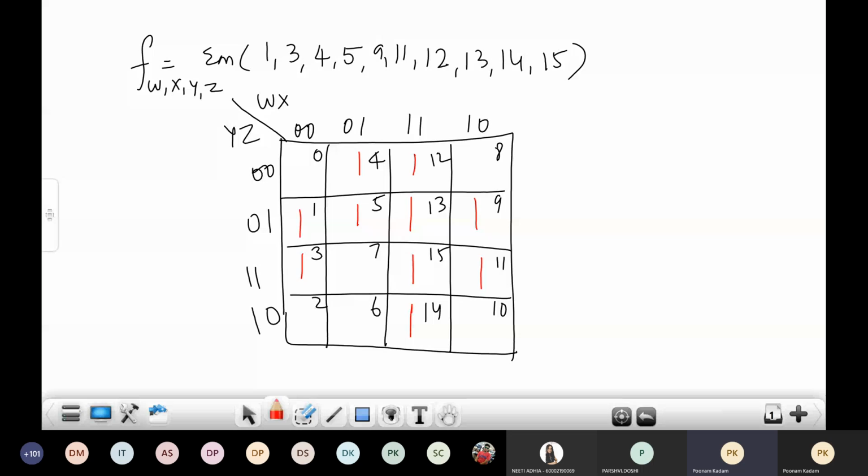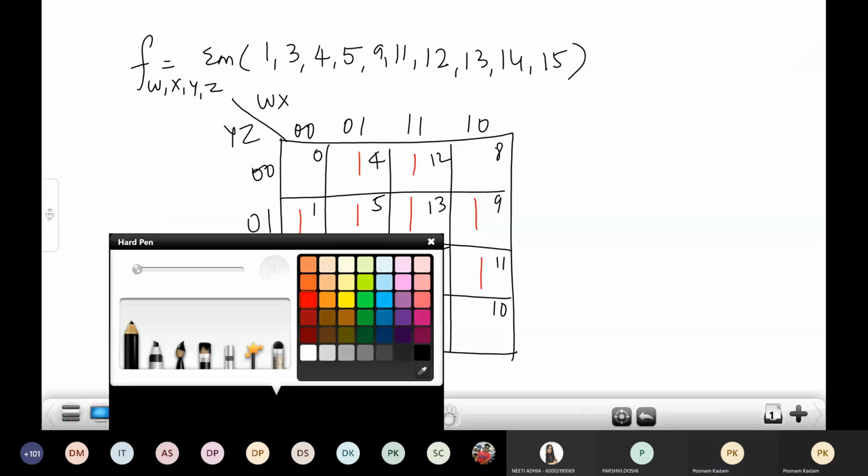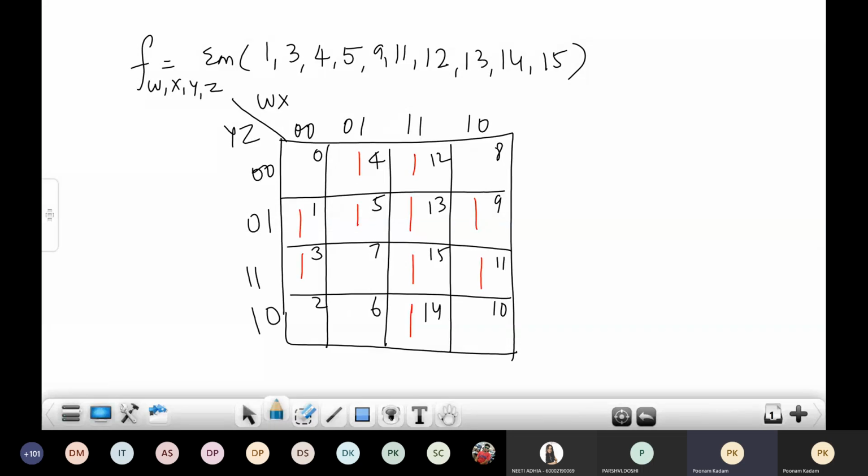Let me show you all the prime implicants. The first prime implicant is very clearly visible, a group of 4 cells. You have to always look from the biggest group.